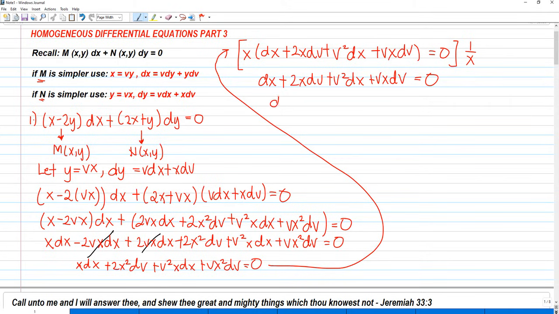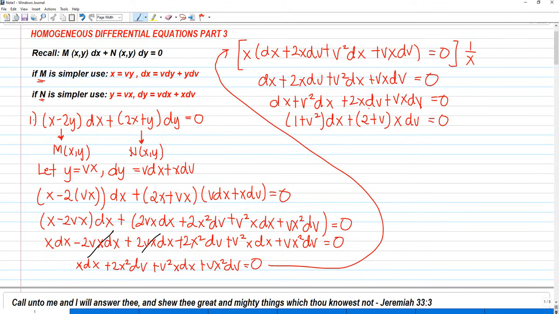Now we will be grouping dx with dx, and dv with dv. So we group it: dx plus v squared dx plus 2x dv plus vx dv equals 0. Factor out dx, we have 1 plus v squared, dx, plus, we can factor out both x and dv, 2 plus v, x dv equals 0.